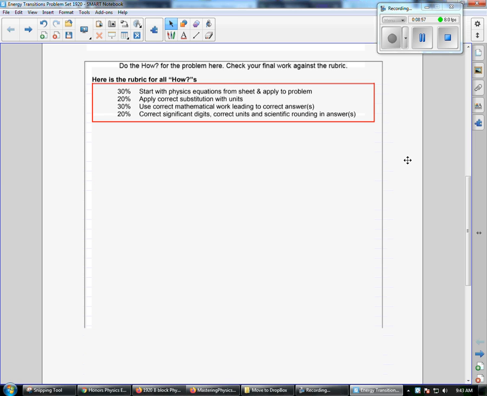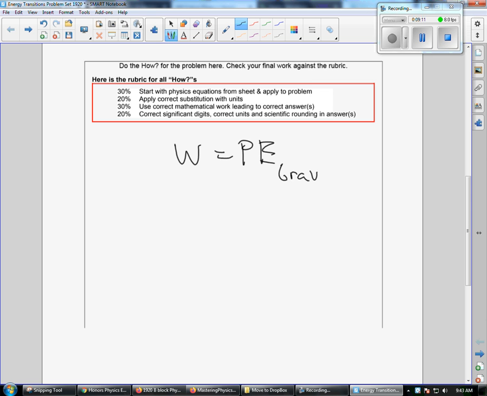And then again, I'm going to start at that exact same point. See if the board likes me this time. Right? The work this time is going into PE grav rather than kinetic energy. I think so.